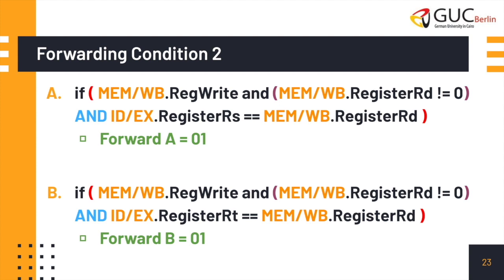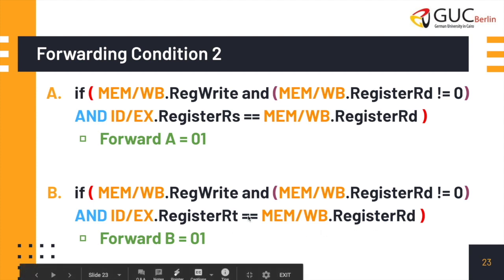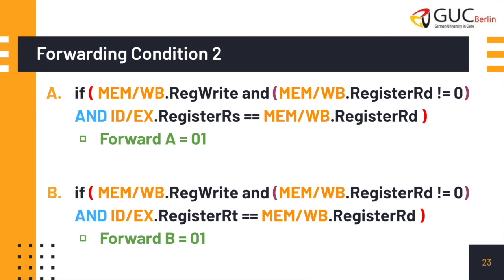Therefore, I need to forward the data from the mem/writeback register to what? To the ALU as a second operand, because we are concerned with register RT, so I'm selecting forward B equals 01. It will take the data as a second ALU input from the mem/writeback pipeline register.